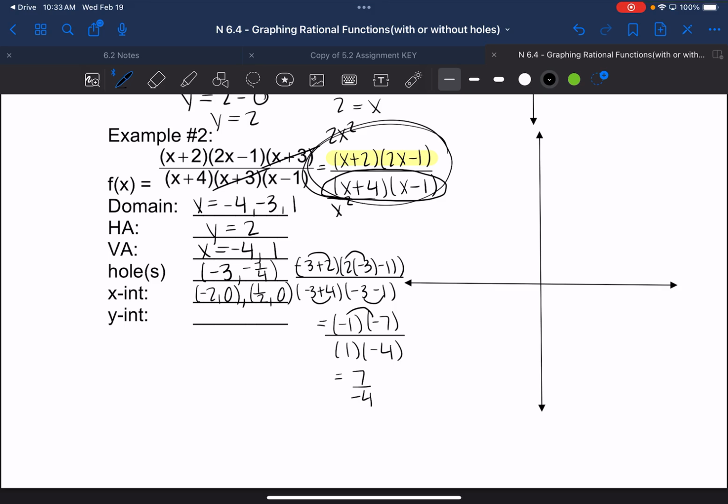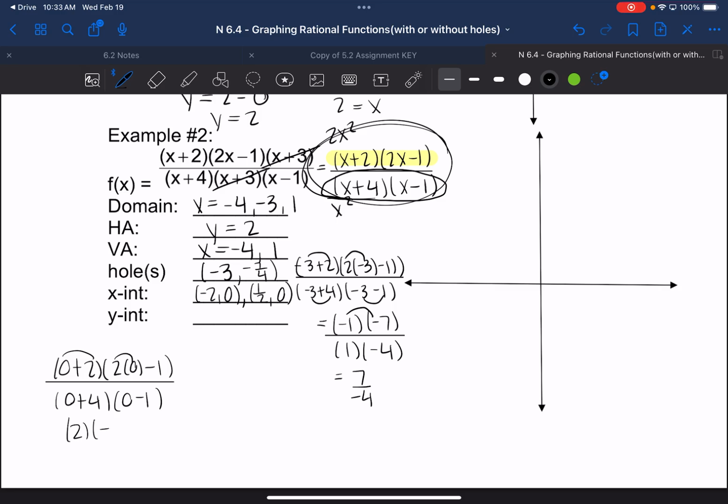Okay, and then y-intercept, remember that means replace all the x's with zeros. So I'm going to have 0 plus 2 times 2 times 0 minus 1 over 0 plus 4 times 0 minus 1. So here, 0 plus 2 is 2. 2 times 0 is 0.